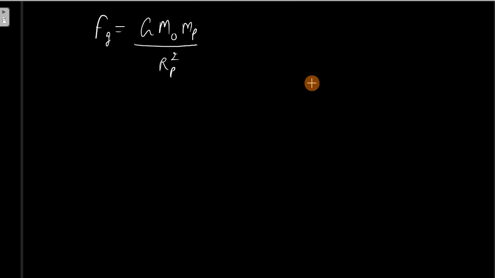The radius of earth is around 6400 kilometer, and if we are dropping a ball that is almost 5 centimeter, or if you take a football, 10 or 12 centimeter, that distance is negligible compared to the radius of earth. So we take the distance as the radius of the planet.